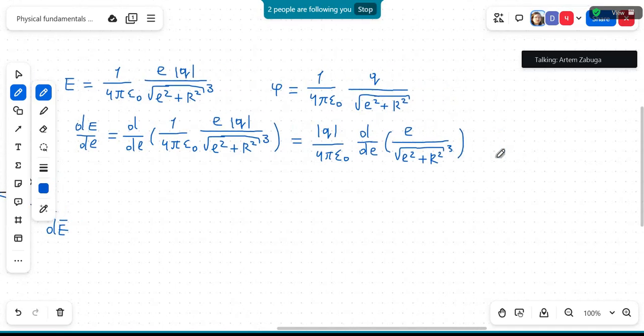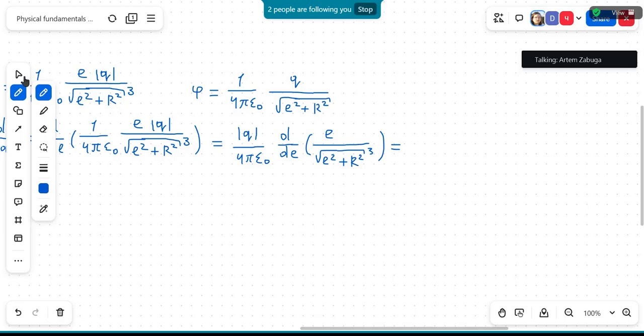Okay, and the next step is to find this derivative. How can we do this? To define the derivative, I think we can just use simple rules from the calculus course.